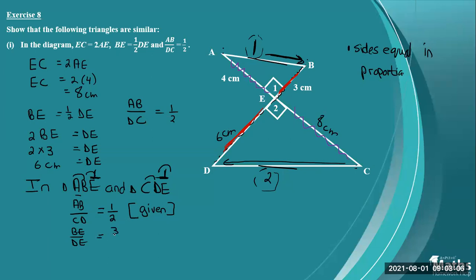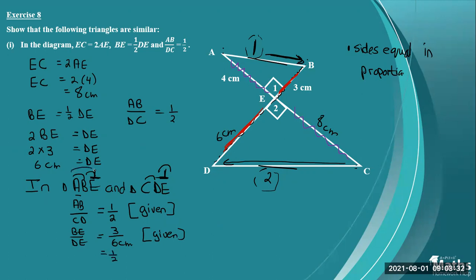BE is 3 centimeters and DE is 6 centimeters. Why was that? It was also given. BE, they said it's half of DE. That was given. Or you can say proven because we proved it. And that is equal to 1 over 2.